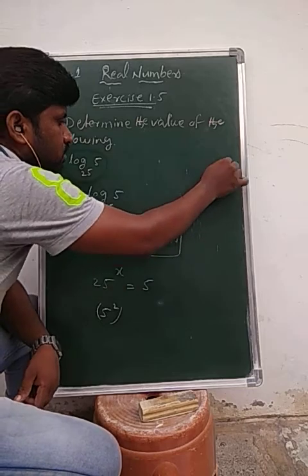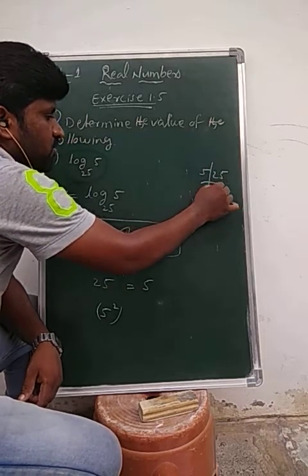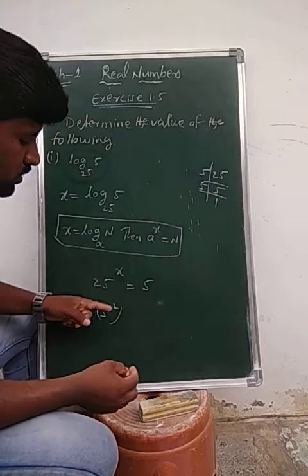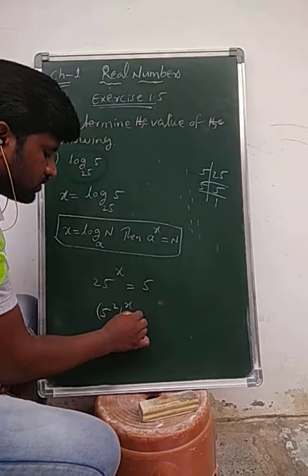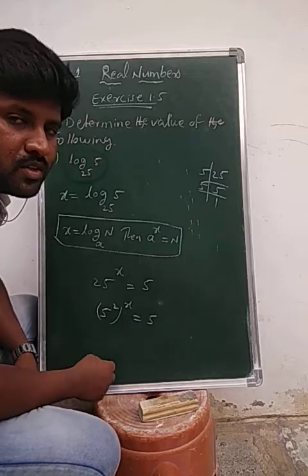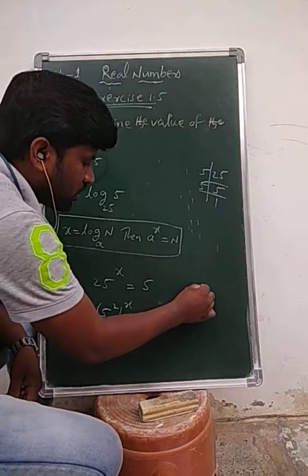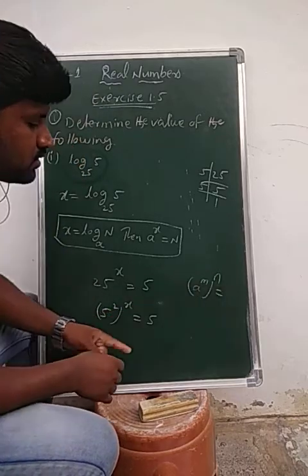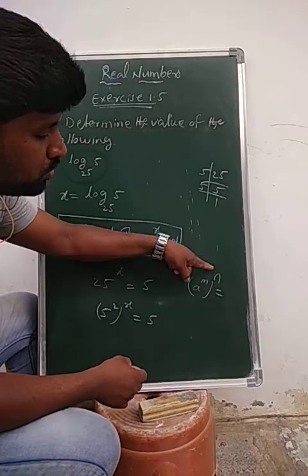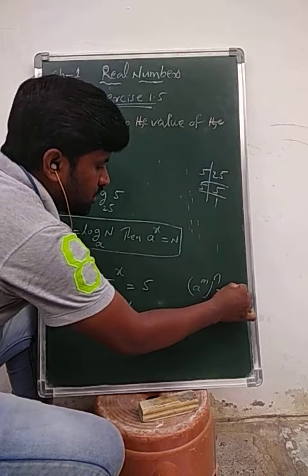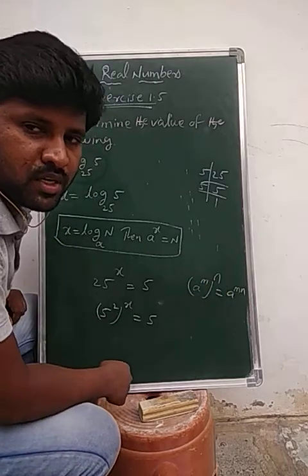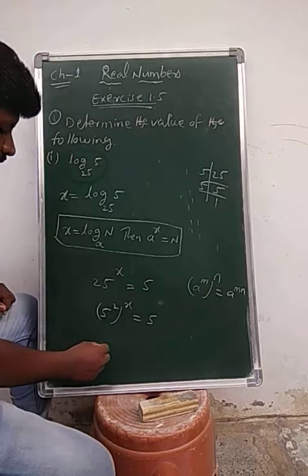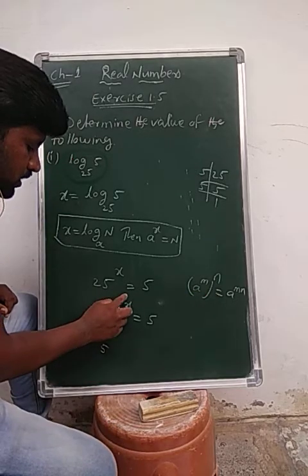What are the prime factors of 25? 5 5s are 25, so we can write it as 5 power 2, whole power x is equal to 5. We know the formula: a power m whole power n is equal to a power mn. By using this, we can write it as 5 power 2 into x.